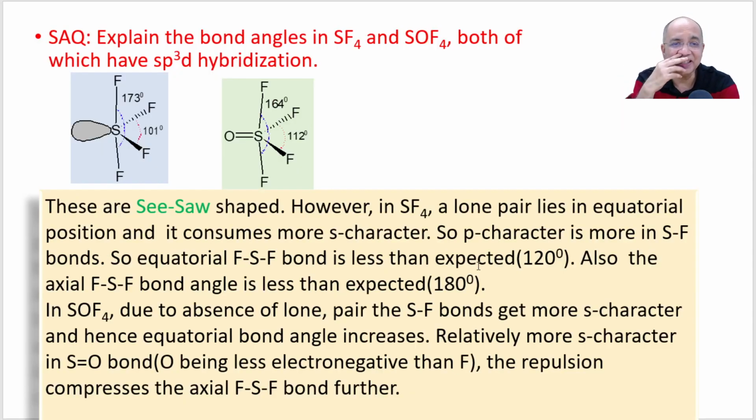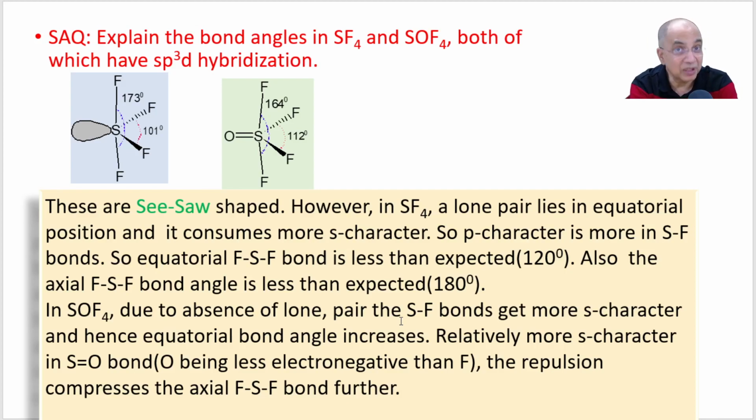Now I have another interesting example for you. Do you know that in a trigonal bipyramidal geometry, the basic geometry is trigonal bipyramidal, where there are three bond angles: the equatorial bonds 120, the axial bonds 180, and between axial and equatorial 90.